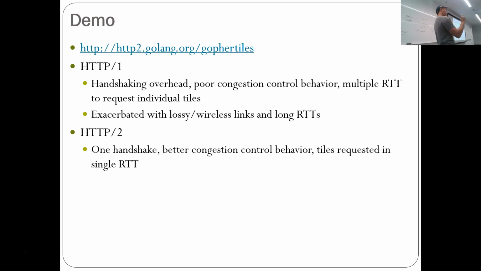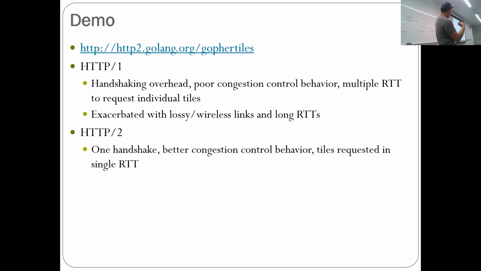If you get that image using 100 HTTP 1.1 requests and responses, you're going to get all those round trip times. That's done serially. And then when you click on the HTTP2 version, there is one connection, and then all 100 tiles are requested simultaneously, and then you'll get the multiplexed stream coming back. So this is what I want you to see.